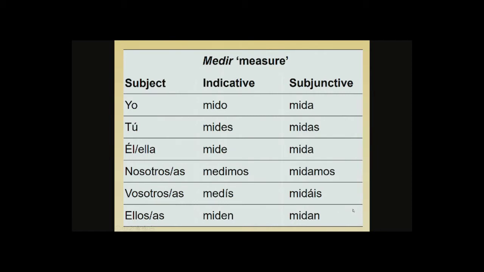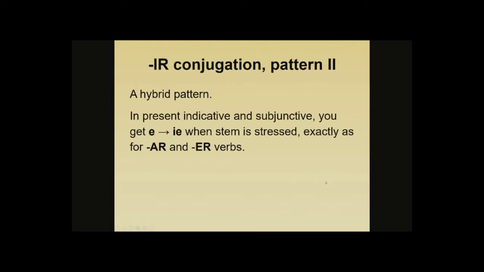Let's look at pattern 2. This is a hybrid pattern. In the present indicative and present subjunctive, you get e to ye when the stem is stressed, exactly as if you were talking about an AR or an ER verb.